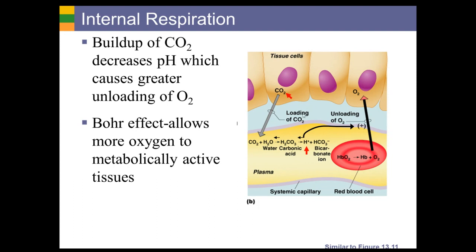And so the Bohr effect is allowing increased unloading of oxygen to the tissues that need it the most. The tissues that need it the most produce the most carbon dioxide, which lowers the pH, which then allows the red blood cells, the hemoglobin specifically, to give up more oxygen. So that's the Bohr effect. It's a mechanism that allows those tissues of the body that are in most need of oxygen to get that oxygen.